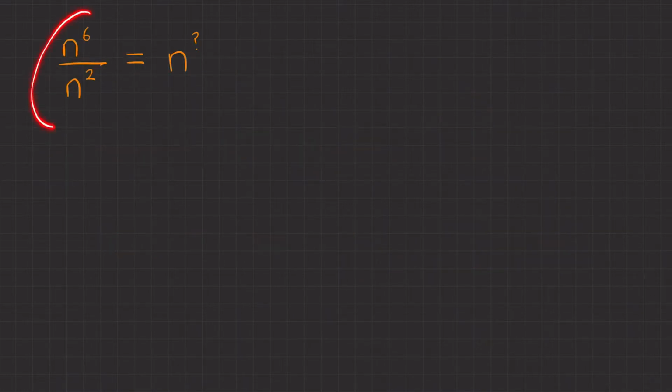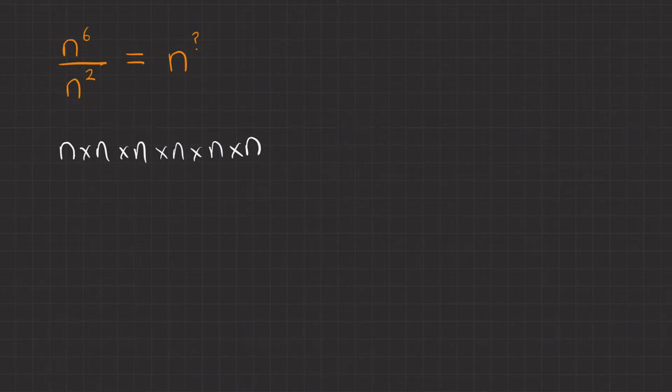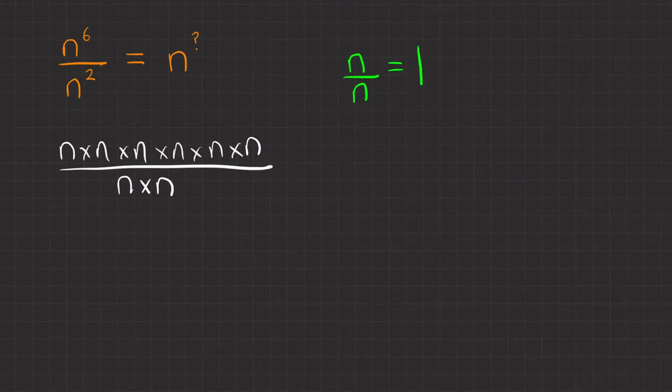Next we've got n to the power 6 divided by n squared. So we need to figure out what this simplifies to. Well, again, if we expand this out, we'll have at the top n times n times n times n times n times n, n to the power of 6 all over n squared, which is n times n. Now, as you know, n divided by n equals 1.